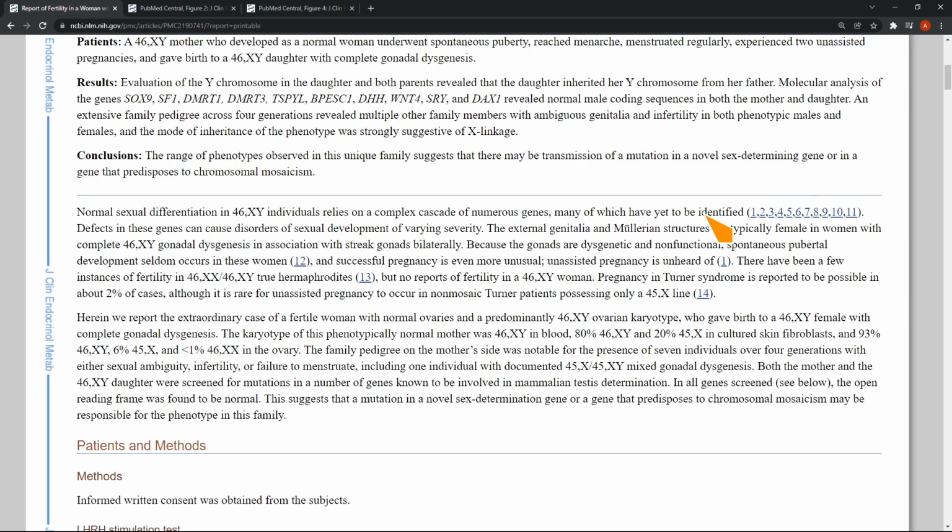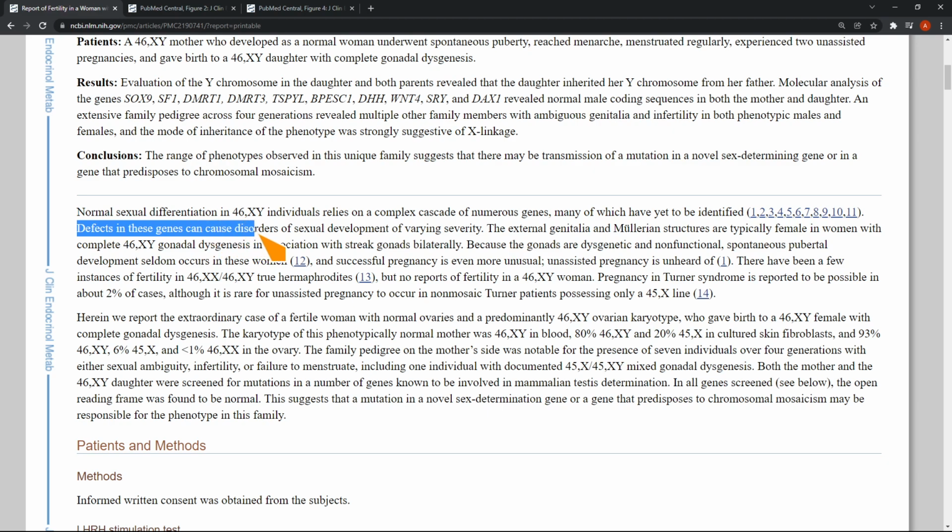It's huge. It's weird and it's complicated. And there's 11 individual citations all saying this, and this is what they start with. Cool. So let's go on.